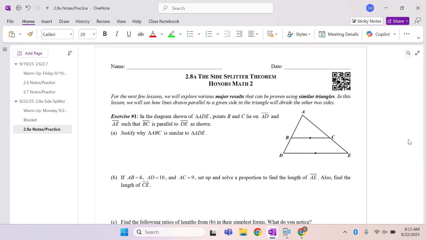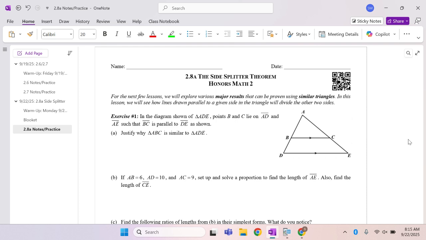So just a quick review. In order for two triangles to be similar to each other, what two conditions have to be met? So in other words, what does similarity mean? Same shape, different size.